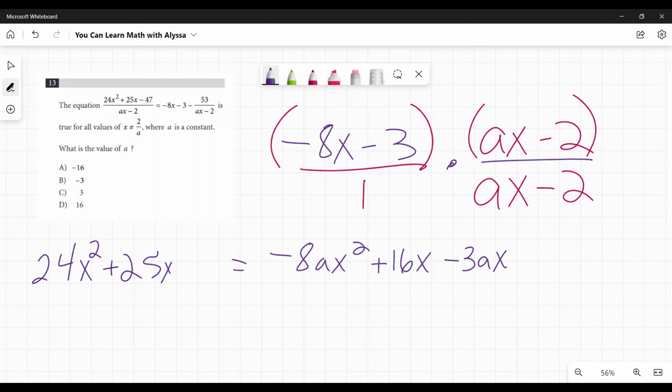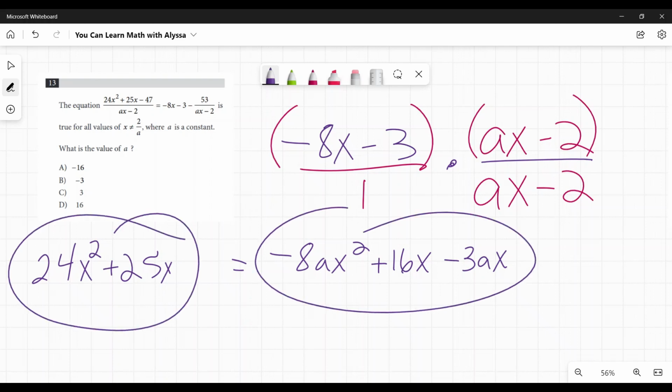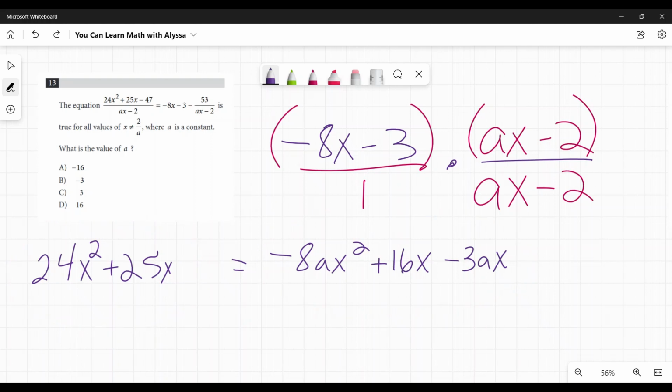What they want you to realize here is that we got rid of the negative 47s, and they were identical, negative 47 on both. So nothing really weird is happening. If those numbers had been different, it would mean these sides were not equivalent to each other. But because they were both negative 47, these are equivalent.